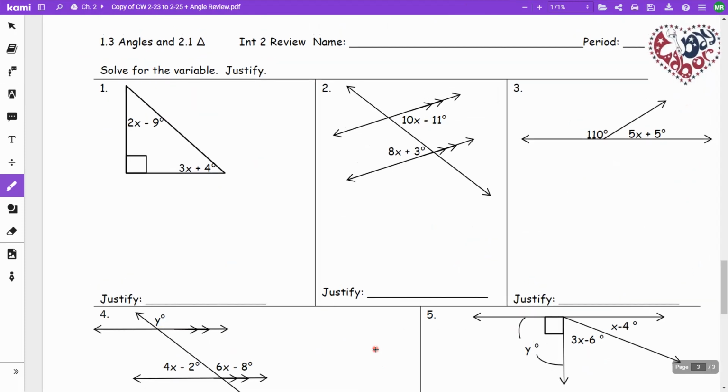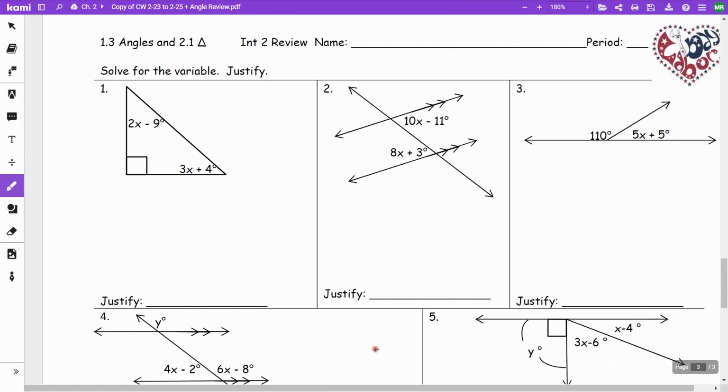On this first one, we have a right triangle with two angles, 2x minus 9 and 3x plus 4. We know angles in a triangle add to 180, but since we already have 90 used up, my 2x minus 9 and my 3x plus 4 have to equal 90. They're going to be complementary.